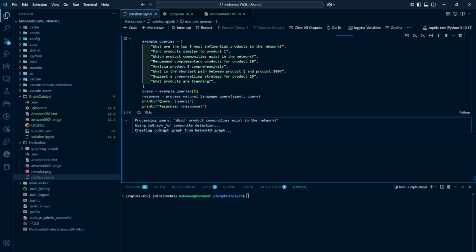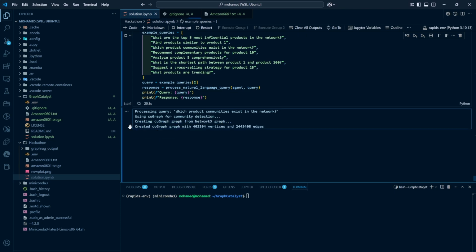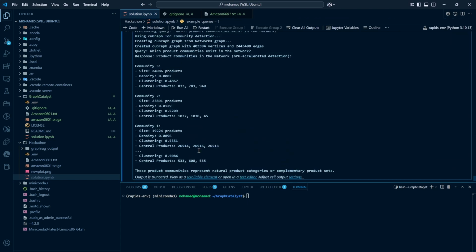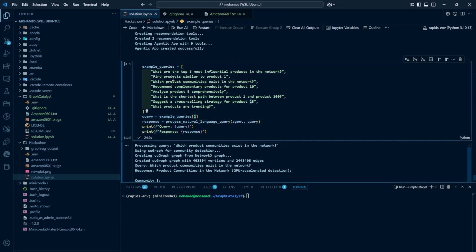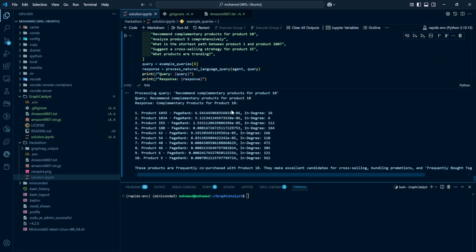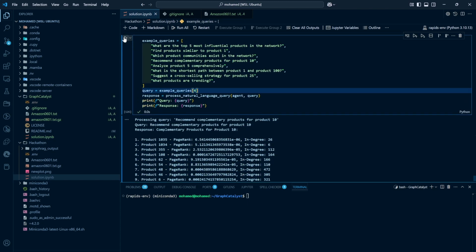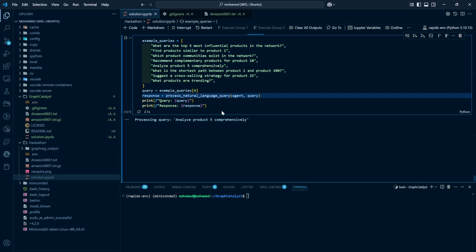So yeah, this one is creating the cuGraph from the NetworkX graph. It created it with this number of vertices and edges, and it's able to define these communities. And then running query 3, recommend complementary products for product 10. Query 4, we are trying to analyze product 5 comprehensively.